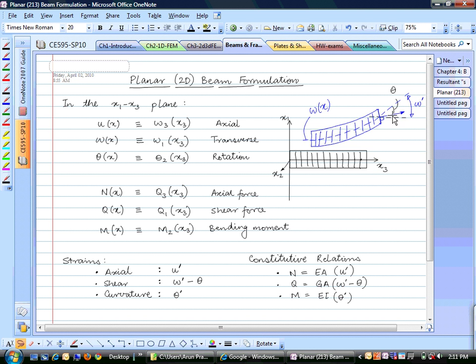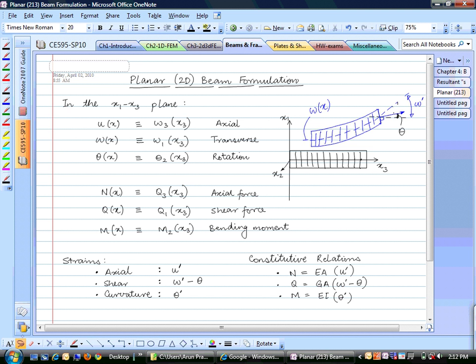So actually, that's not theta. Theta is from the horizontal direction. This angle is theta.